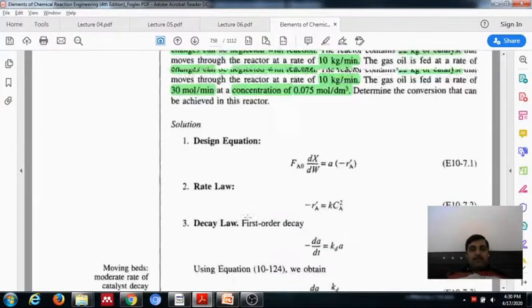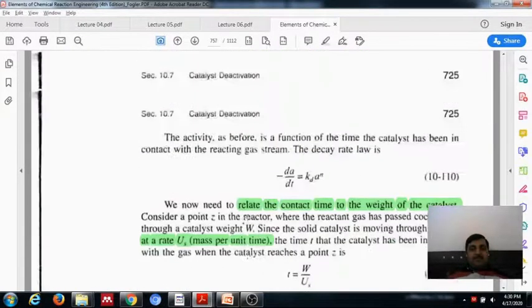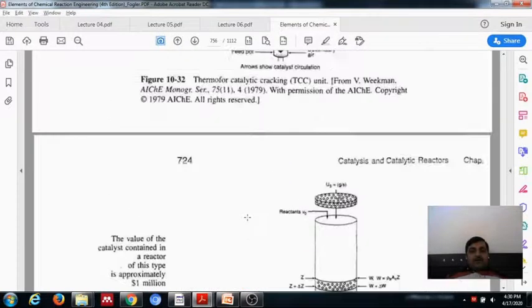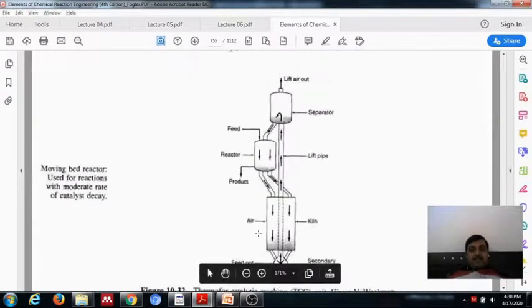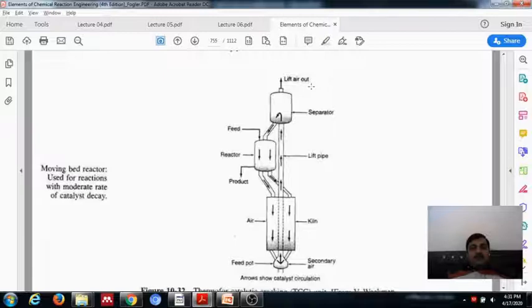Let us have a quick recap on what we have studied for the day. We have seen the schematic where the catalyst bed moves through the reactor, gets regenerated in the kiln, moves to the separator through the secondary air, separates out the air and feeds back the catalyst.